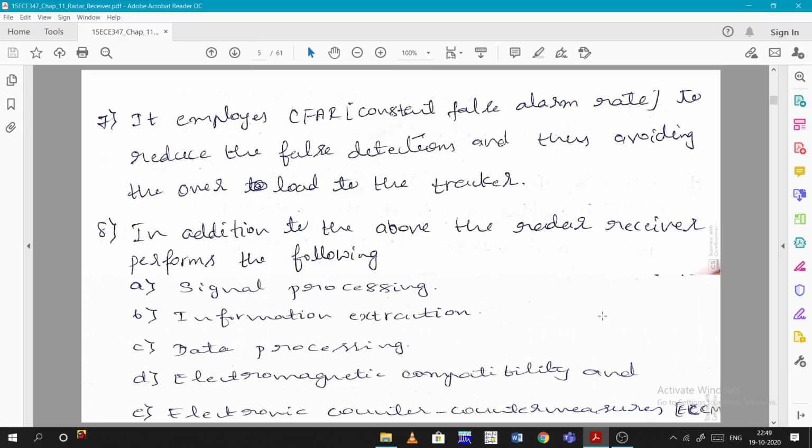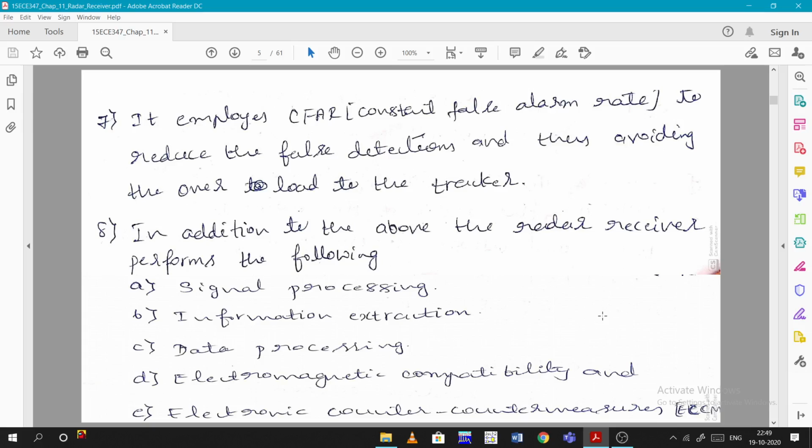Next, constant false alarm rate. From the previous videos you might already know what a false alarm is. Using this constant false alarm rate, it will reduce the false detection and thus avoid overloading the tracker.